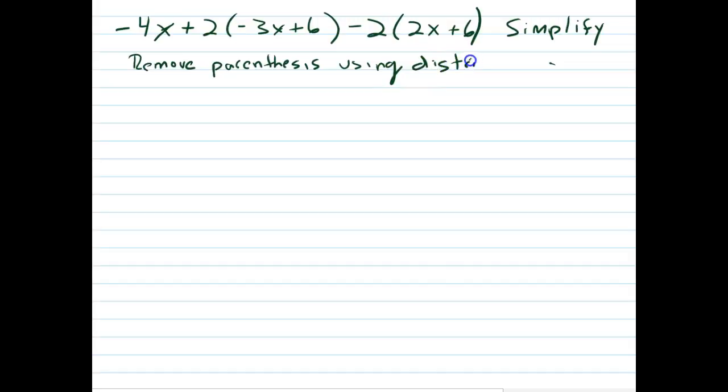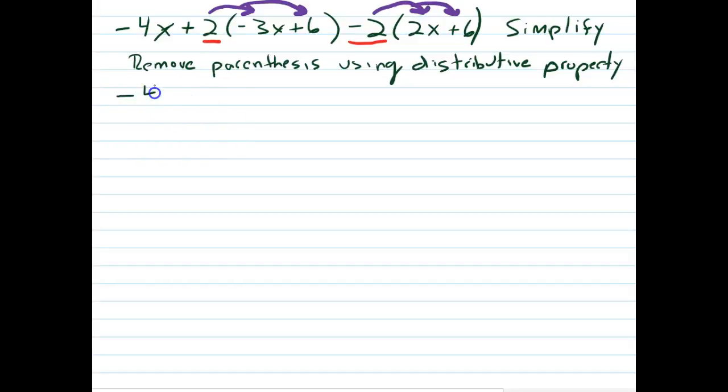And all that means is that if I have a multiplication outside of parentheses, like in this case I have a 2 in front of the parentheses, and here I have a minus 2 in front of the parentheses, I'm going to distribute the multiplication to each of the terms inside. And so that's what I'm going to do here to remove those parentheses.